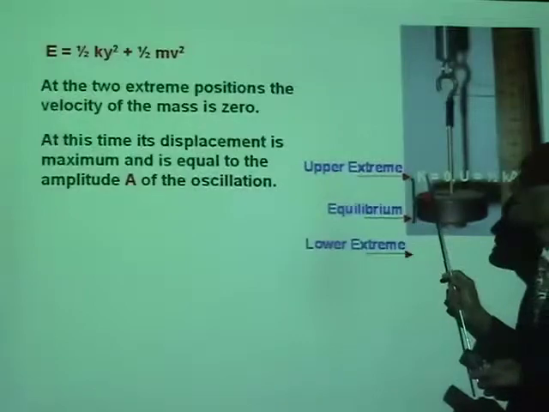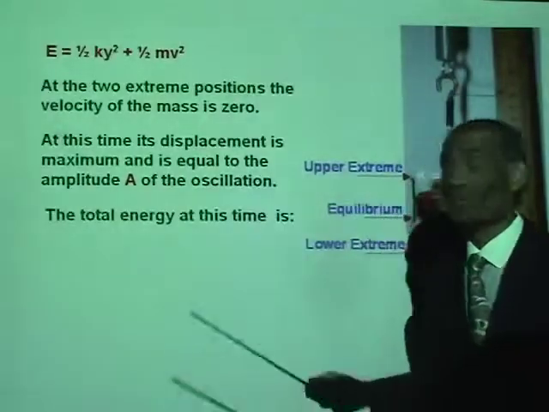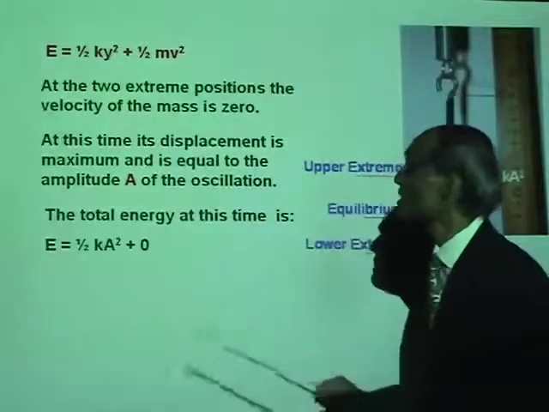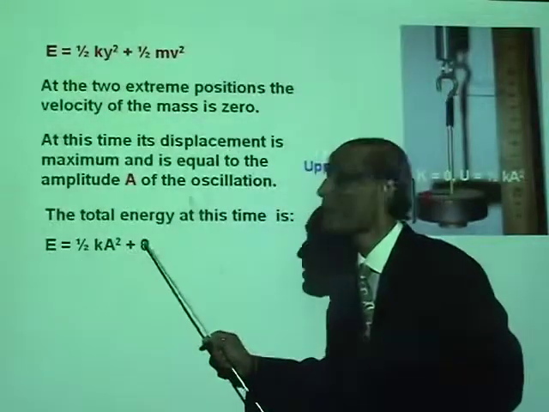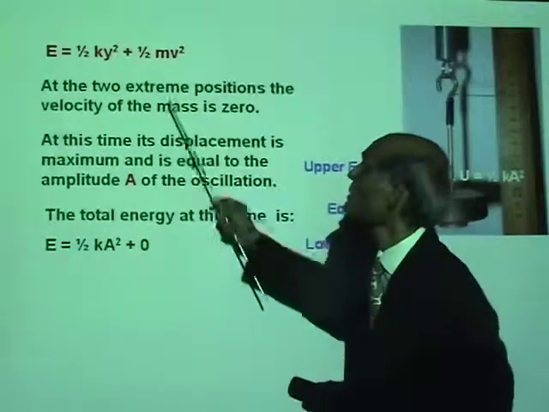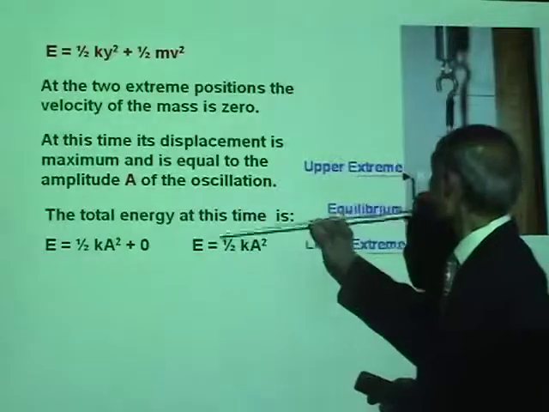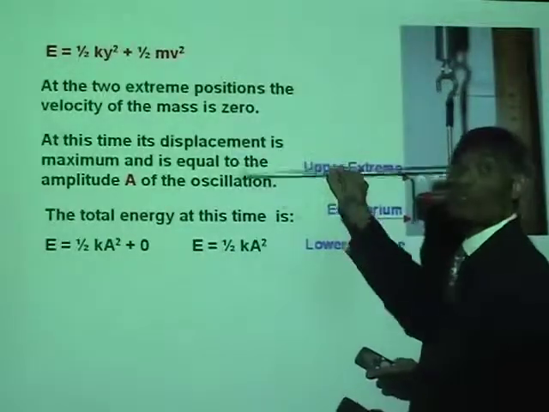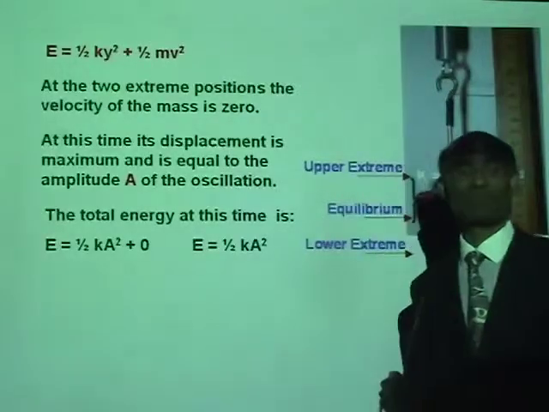And K, the kinetic energy, equal to 0 at the upper extreme. The total energy at this time, therefore, is 1/2 k A squared plus 0, because the velocity is 0. And so, the total energy at the upper extreme is 1/2 k A squared.